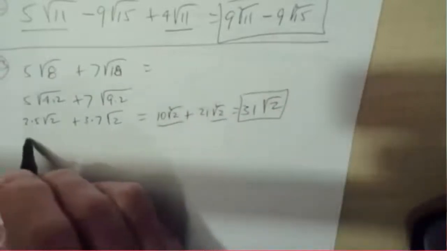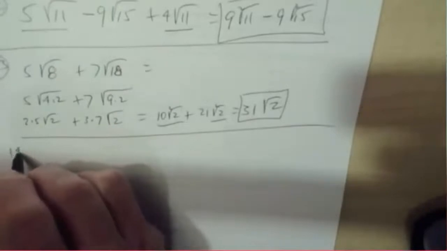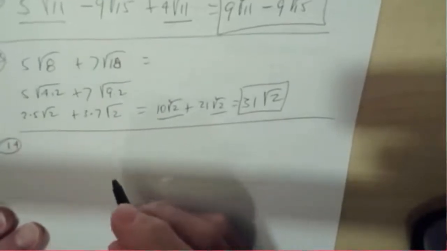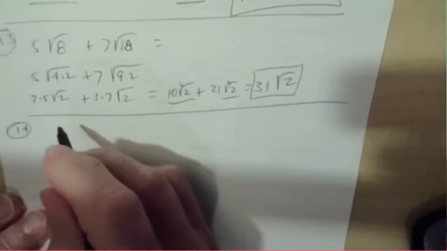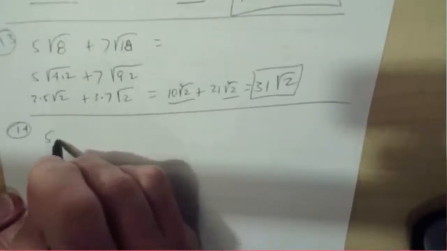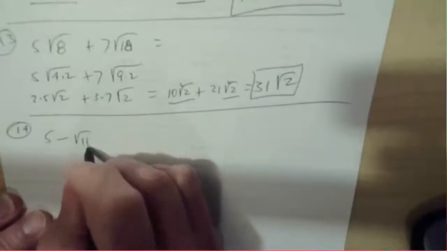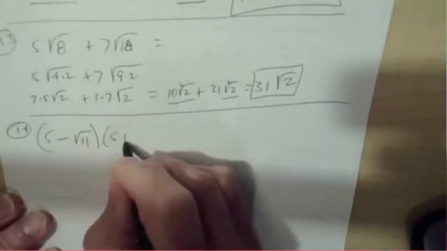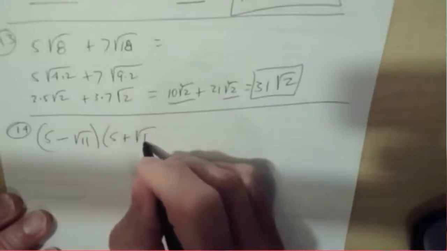14. Okay. 5 minus the square root of 11 times 5 plus square root of 11. It's a conjugate.